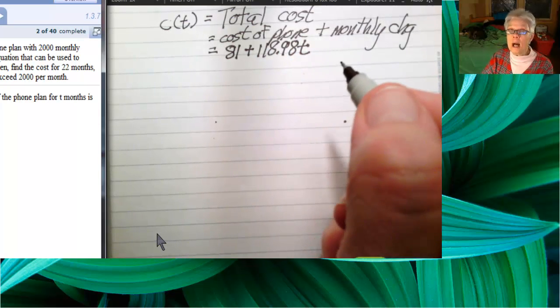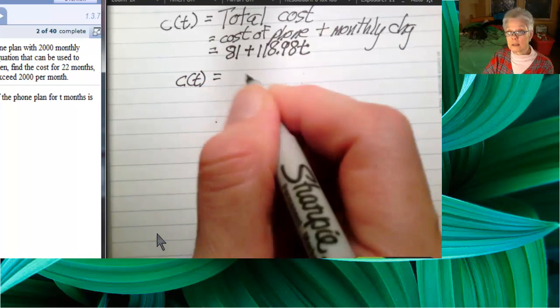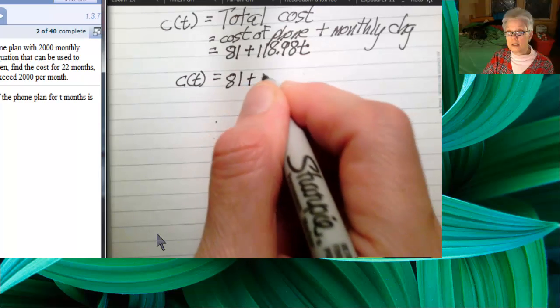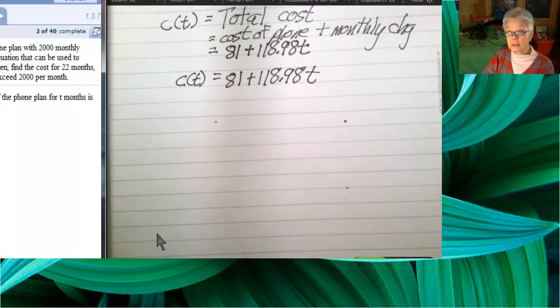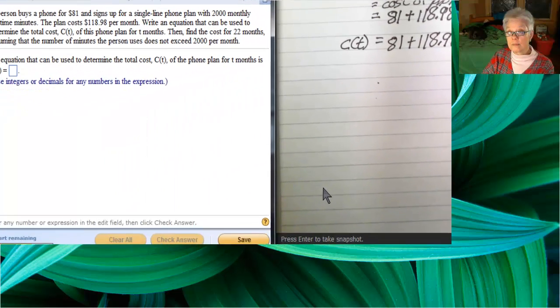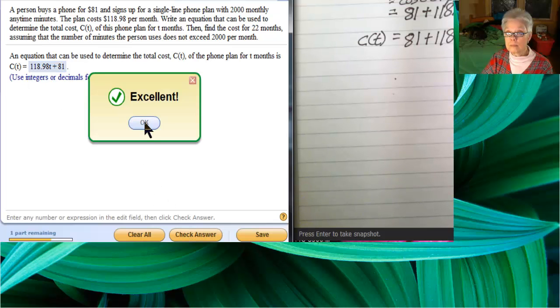This is going to be our formula. Okay, let's put that in the answer box. There we go.